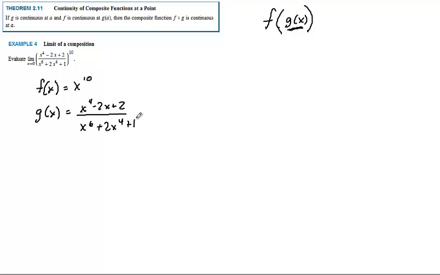Because I have continuity and limit laws that deal with each of these individual parts, but I don't have a limit or continuity law that applies to this function as a unit. So let's look at the limit as x goes to 0 of just plain g of x.